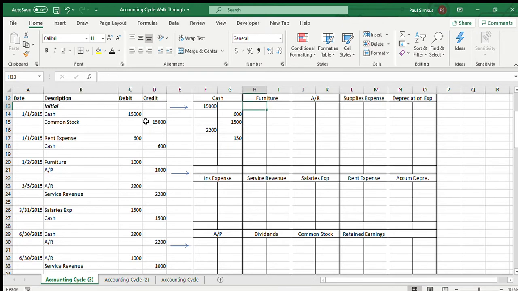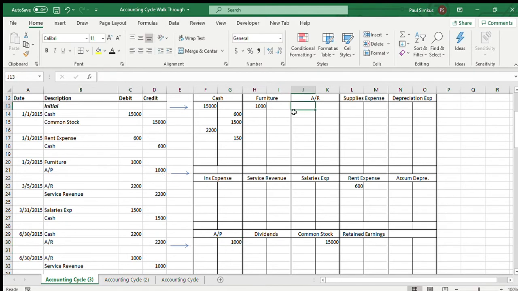Okay. Let's now go pick up all the entries that aren't cash. There's 1,500 to stockholders' equity, a credit. There's rent expense, a 600 debit. I have the cash already. There's furniture, 1,000. There's AP right here, 1,000.